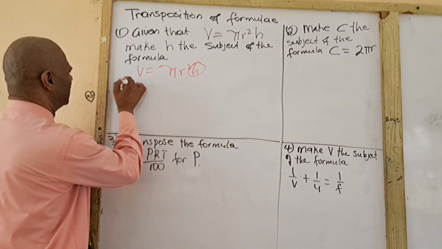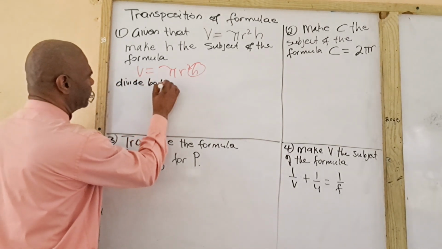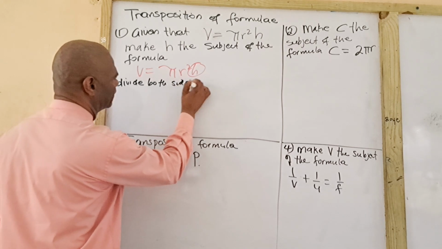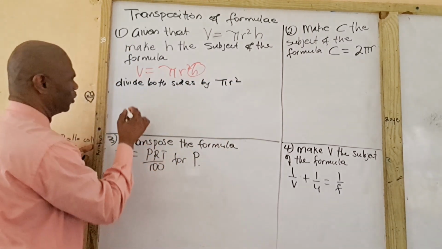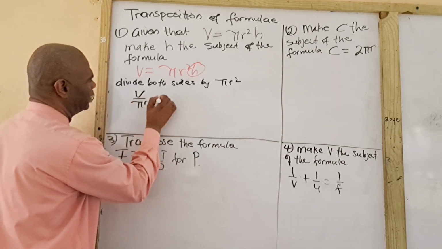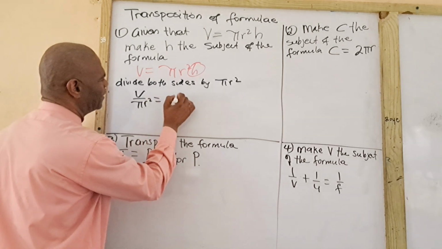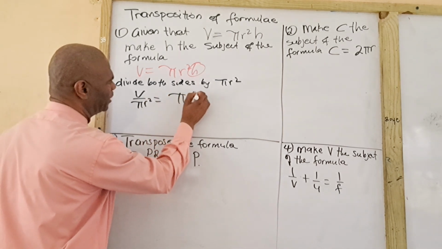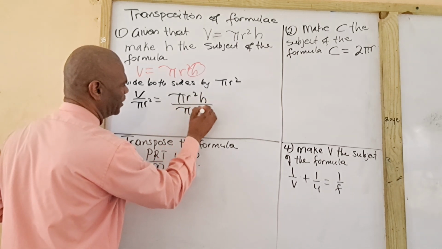Alright, so let me write that. So divide both sides by pi r squared. Alright, and so we get v divided by pi r squared equals pi r squared h divided by pi r squared, right?